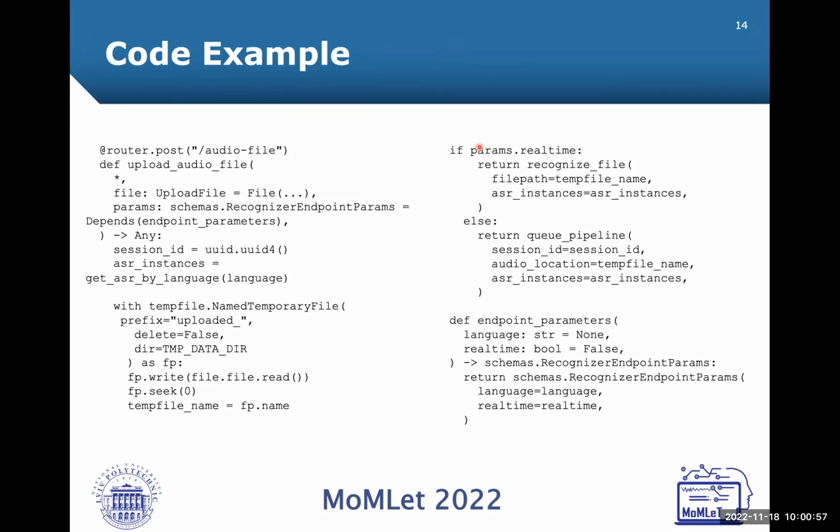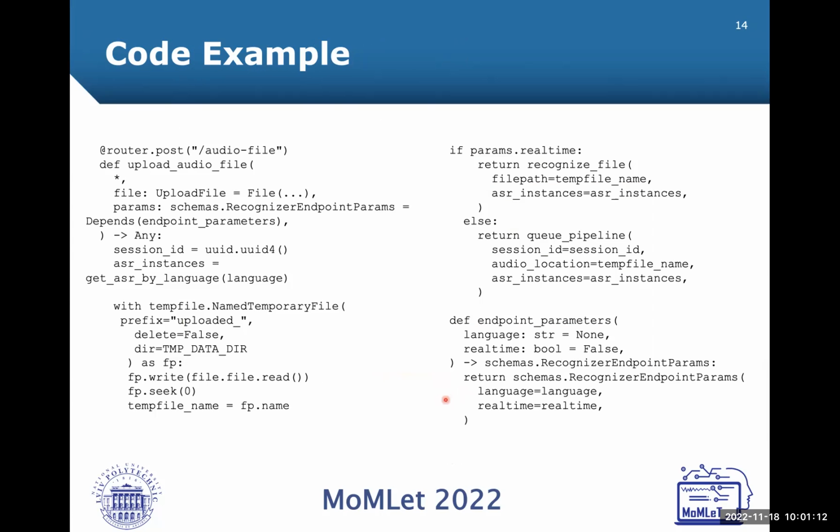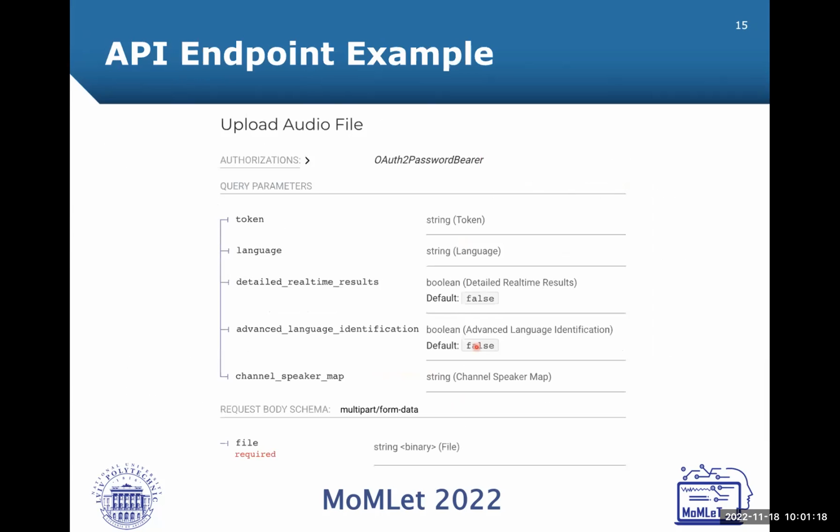We presented a code example snippet of FastAPI, a code example of how to deliver these endpoints on the API level for both WebSocket and HTTP. I will not go deep here, but in the paper you can become familiar with this.